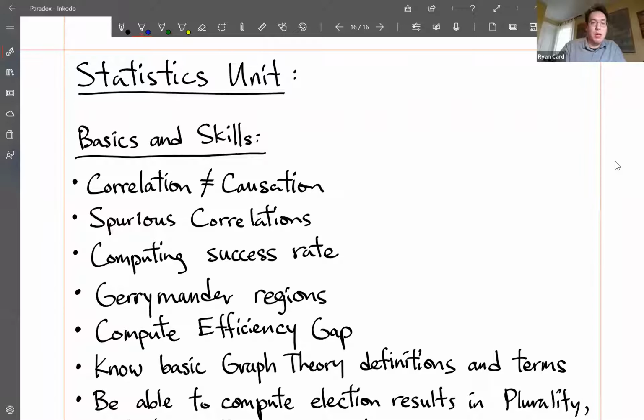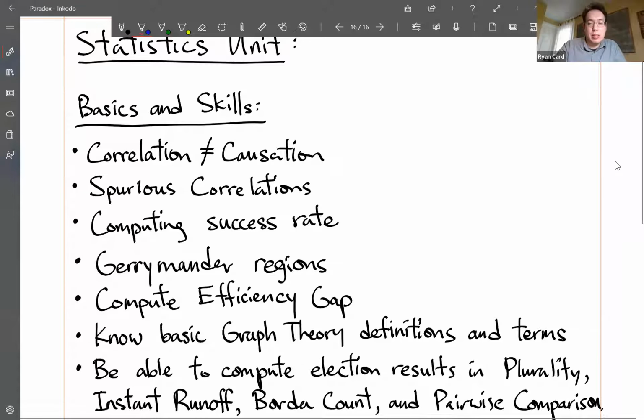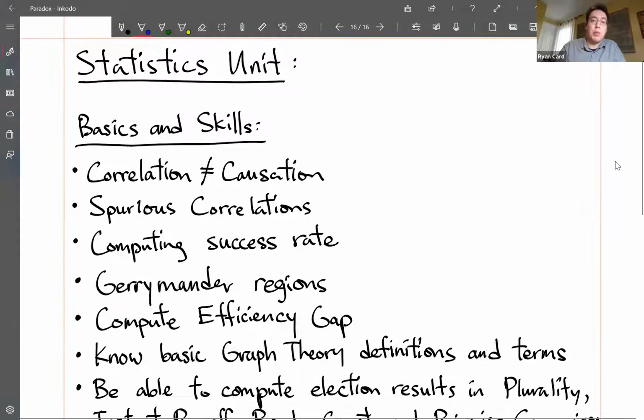Okay. So some basic things that you should be able to do for the quiz that's coming up. This is Friday, so we'll have a statistics unit quiz on the following Friday.